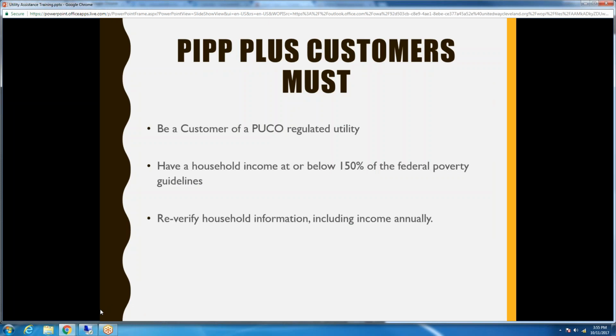Ohio customers of a PUCO regulated utility that participates in the PIP Plus program and have a household income at or below 150% of the federal poverty guidelines can be a customer of that. Now, note, households with a balance still qualify for enrollment with PIP, but they must agree to accept any other energy assistance offered.